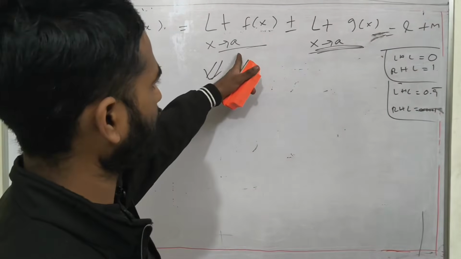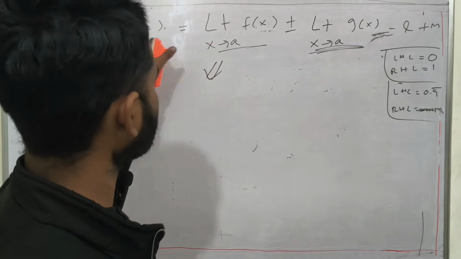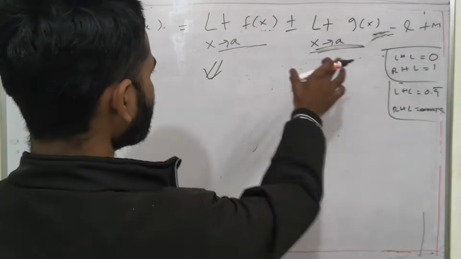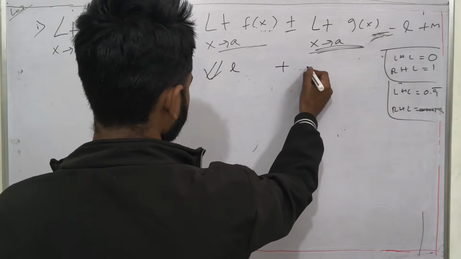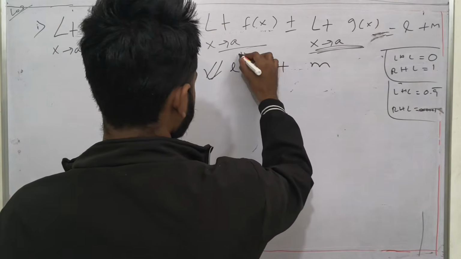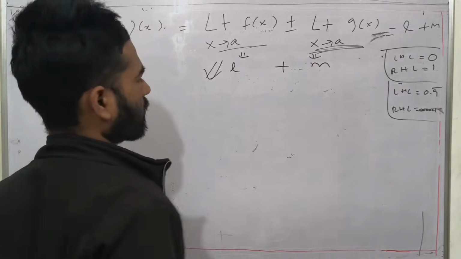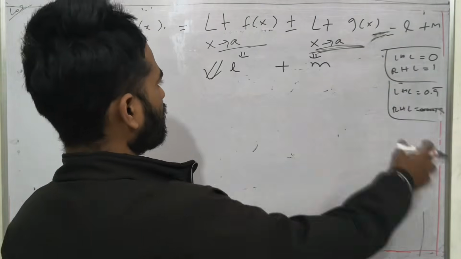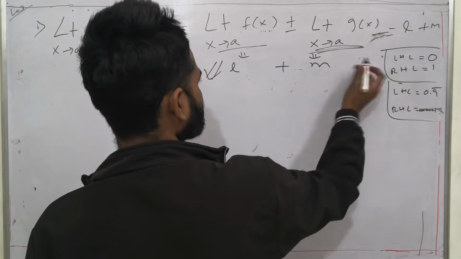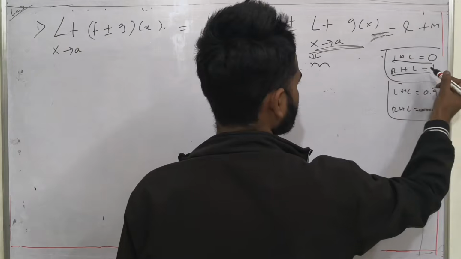Because using this formula, this is equal to L and this is equal to M. I want to use this formula but I can't use it. Why? Because what value can you take for L here?